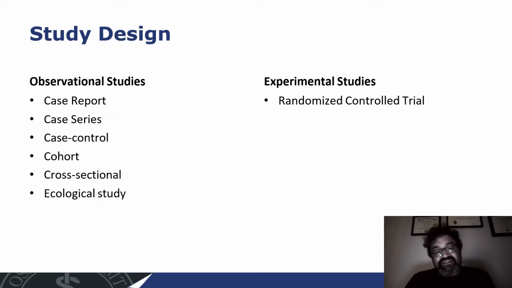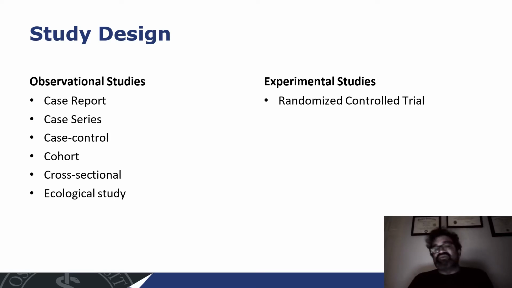What that simply means is that in most instances, for instance in a case series, you're only following one patient or one individual over time. Case reports operate in the same way, but case control, cohort, and cross-sectional studies look at individuals, and then ecological studies are groups.